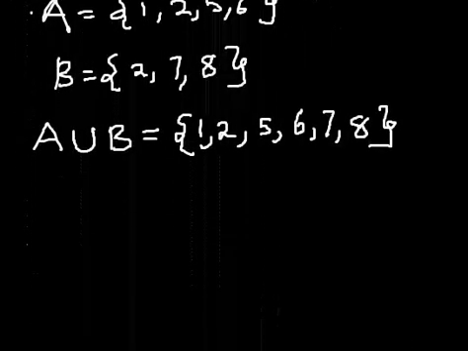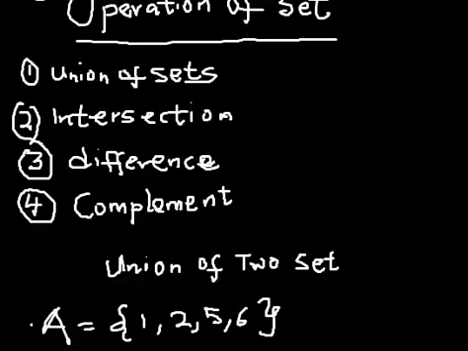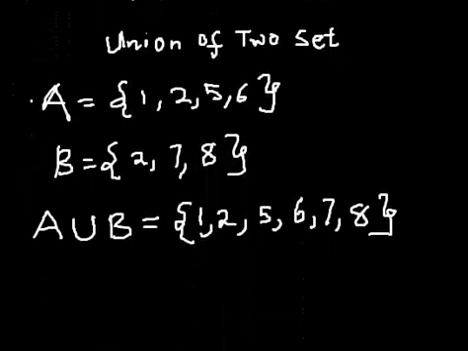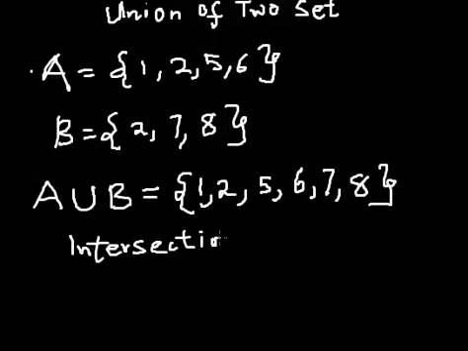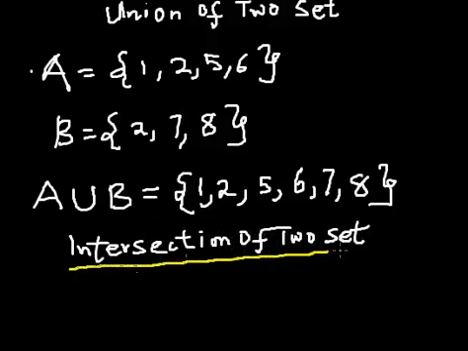Intersection of two sets. Now, the intersection of sets is commonly defined as the elements that are common to both sets, the list of the elements that are common, or the boundary.